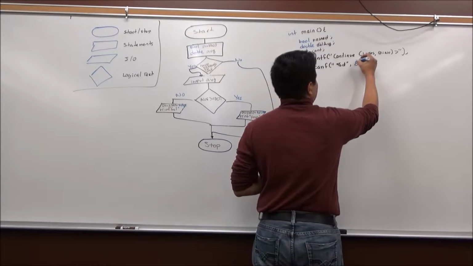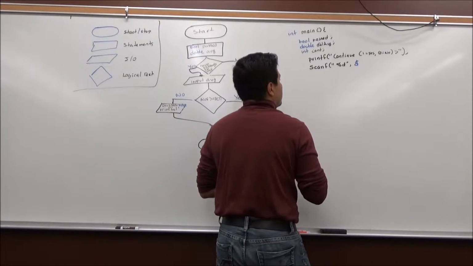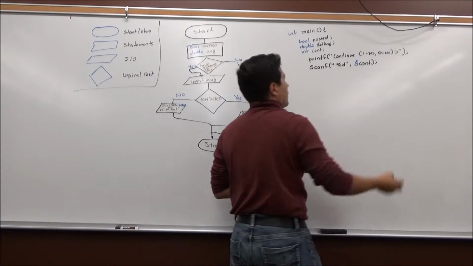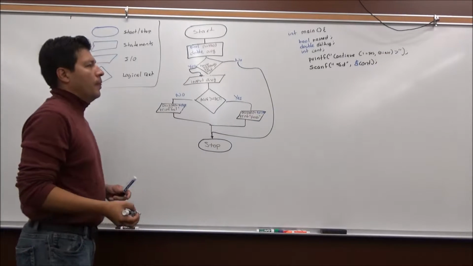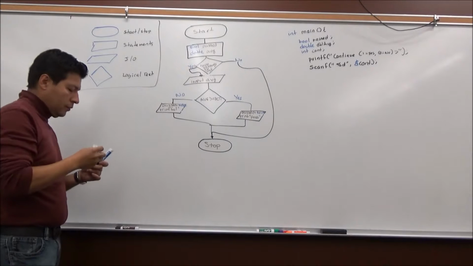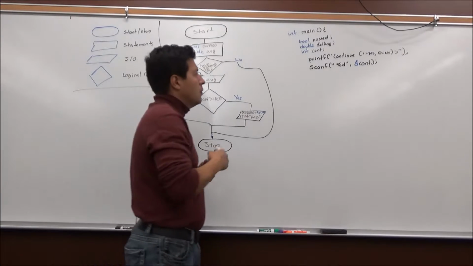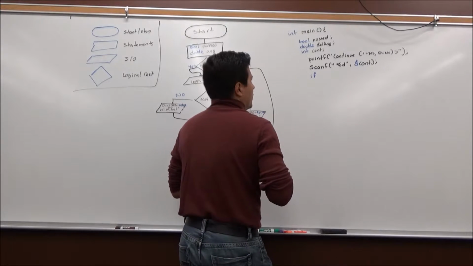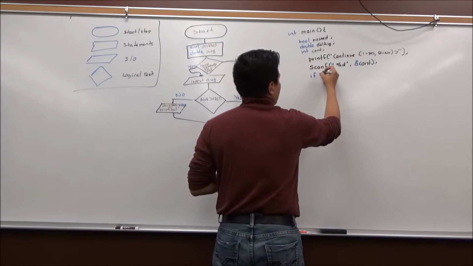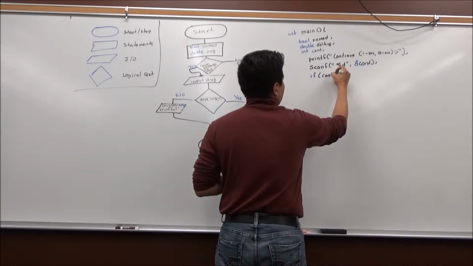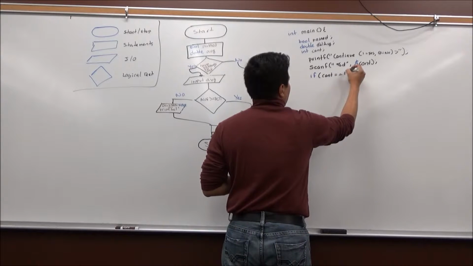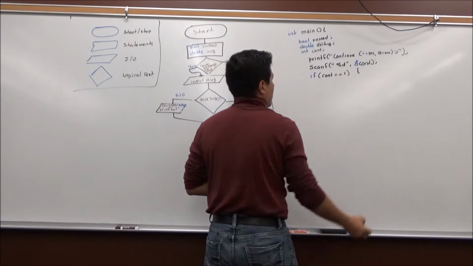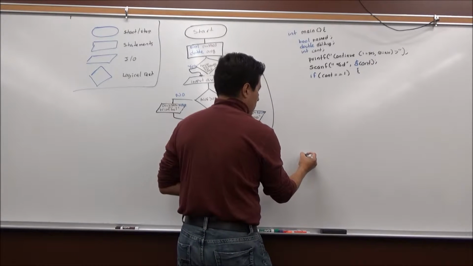So to pass the address, I use the ampersand, right? I will assume the user enters 1 or 0. So the user says yes, which means if continue equals 1, right?